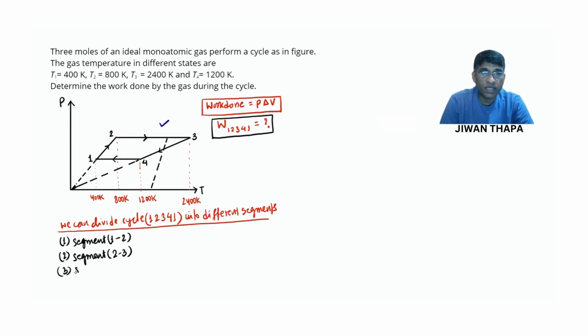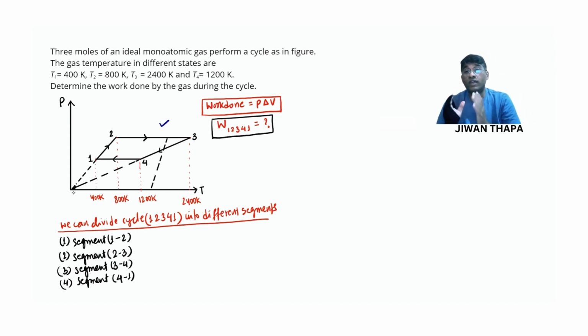We have segment 3, 4. And finally we have segment 4, 1. The direction is given in the figure. So we are moving from 1 to 2 in this direction, from 2 to 3, from 3 to 4, and 4 to 1. So we have this.